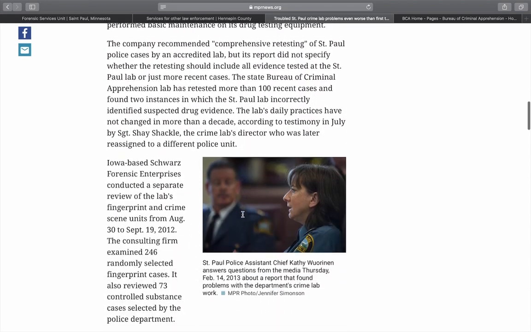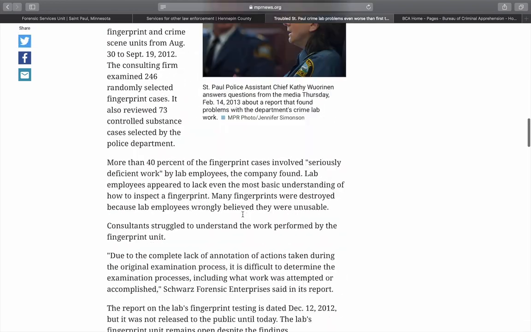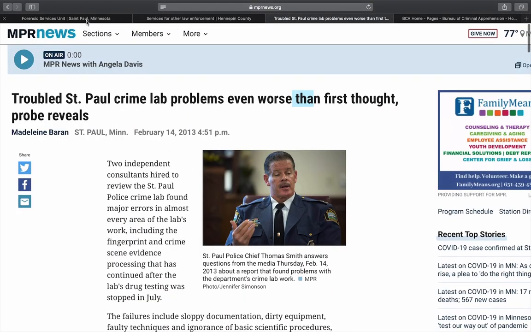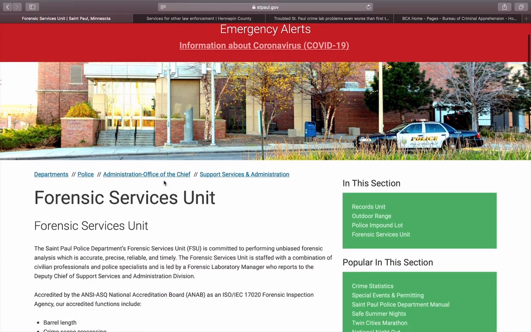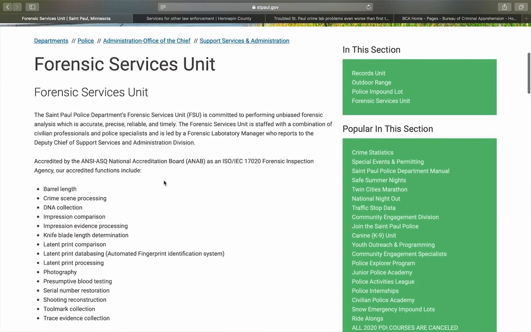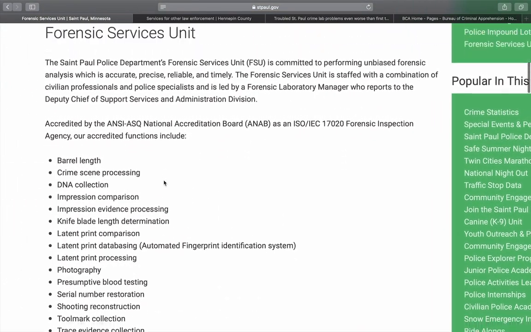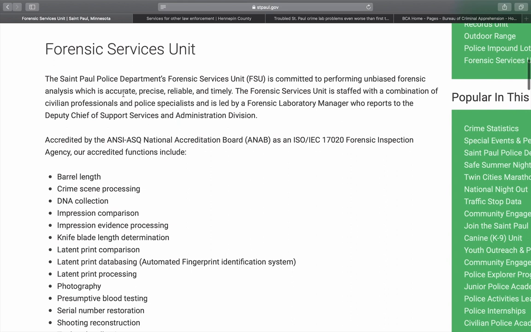It's on the web. Since then, if you look now, the whole forensics crime lab has been revamped, the entire thing from head to toe, and today, here's just the beginning, it's accredited by the ANSI, ASQ, National Accreditation Board, lots of accreditations.